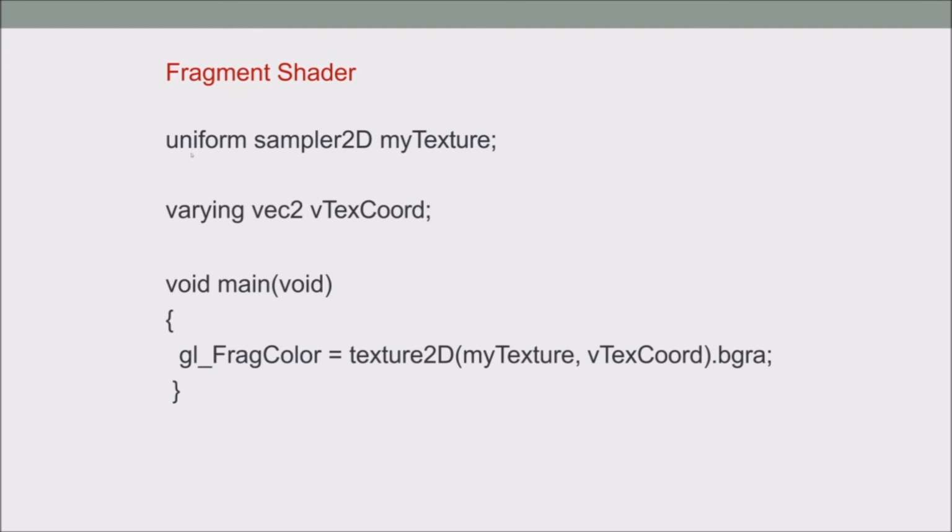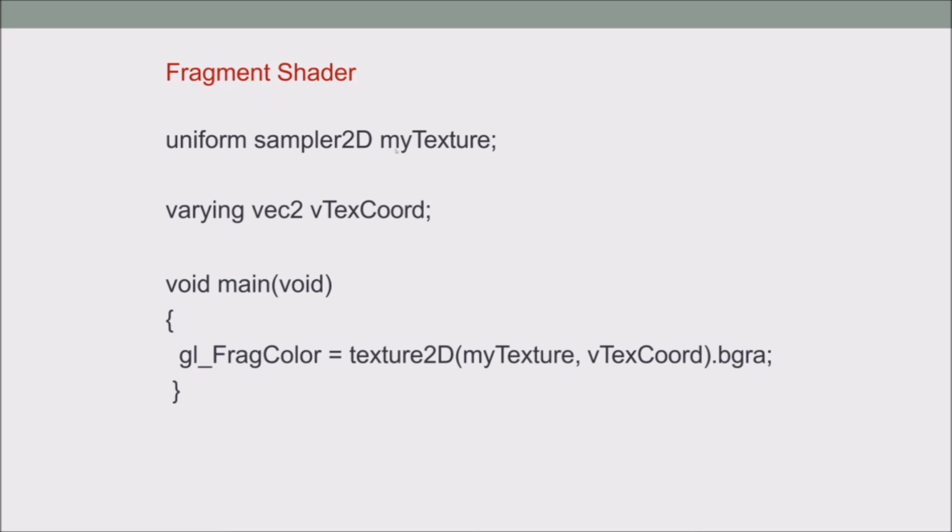So what does the fragment shader look like? The fragment shader takes this value, and it's also picking the image. This is the pixel pack. We call it my texture. So I'm having a sampler2D value of the image. I'm taking the values from the CPU. This is the image data that I'm taking here.